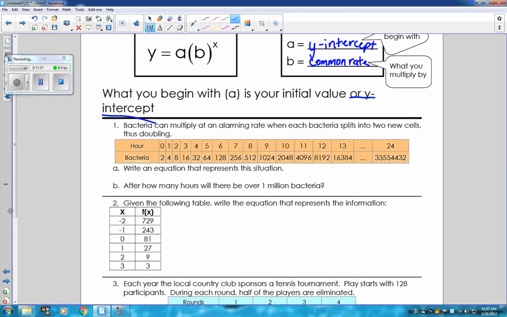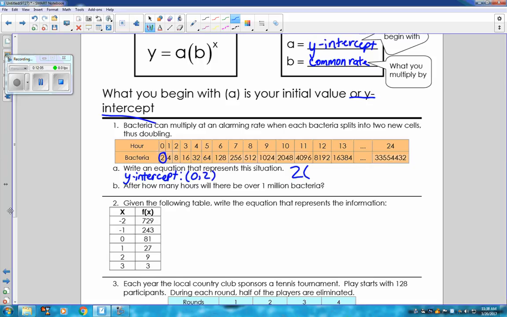Our ordered pair for our y-intercept is 0, 2. Our initial start point is where x is 0, but it's the y value, which is 2. So I'm going to have 2 parentheses. Now I'll have to figure out what b is.